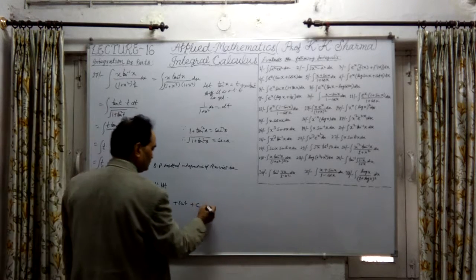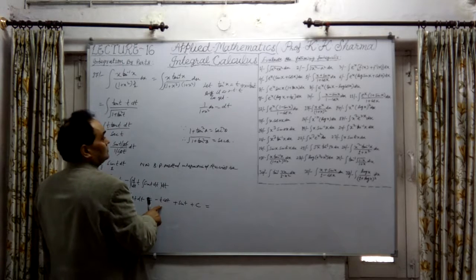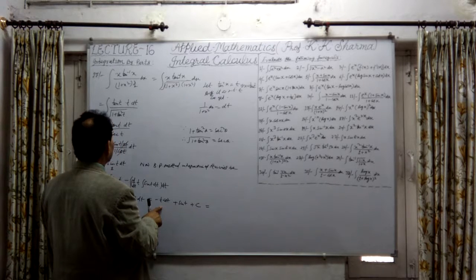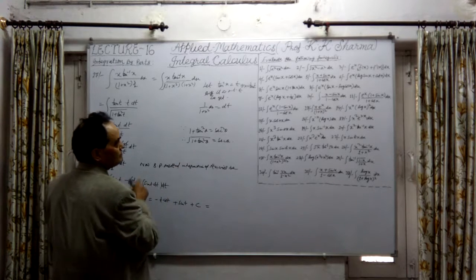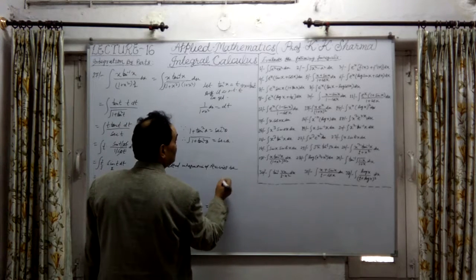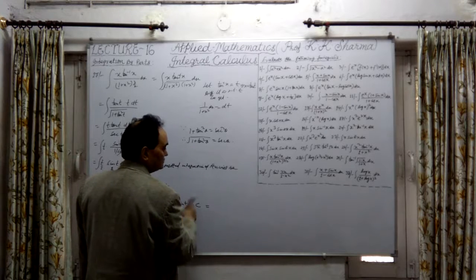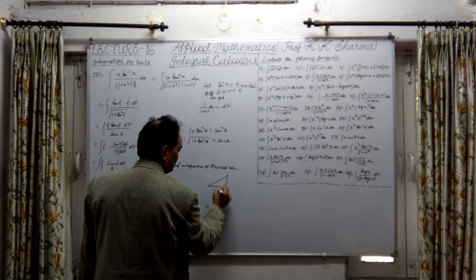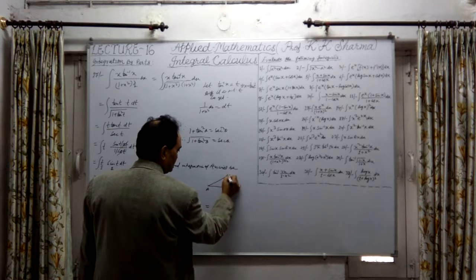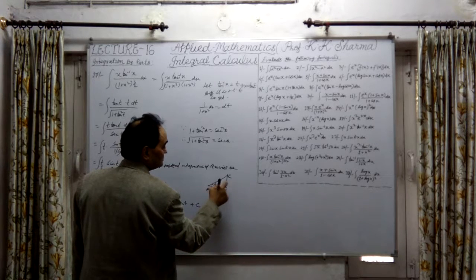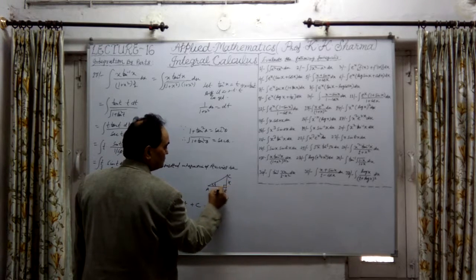Finally, let me substitute the values. Here we consider tan inverse x was t, so x was tan t. So let me consider tan t equal to x. Cos t and sin t, what are they? Let me take the right angle triangle ABC. If this is angle t, then tan t is this upon this, x upon 1.